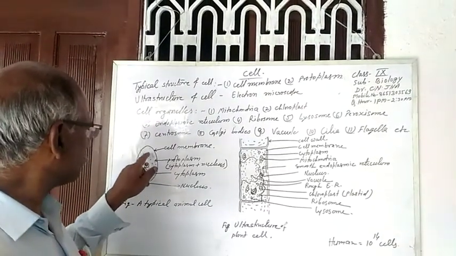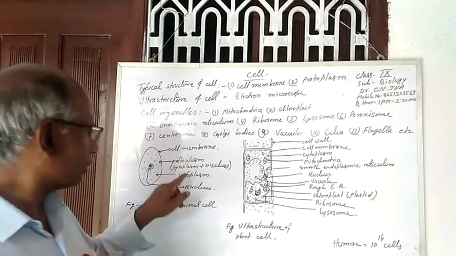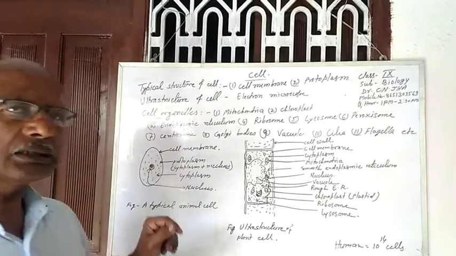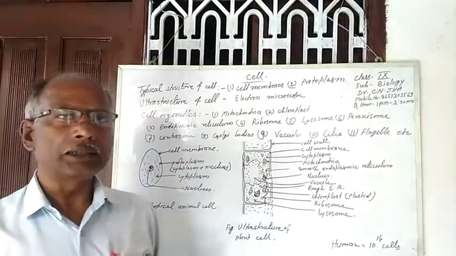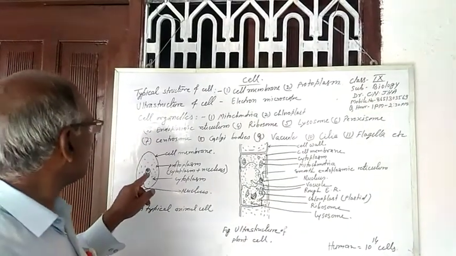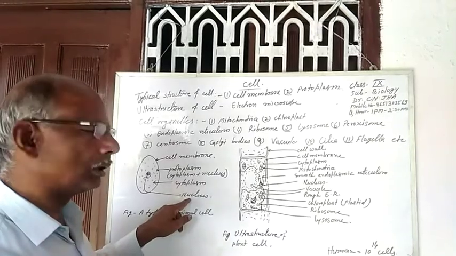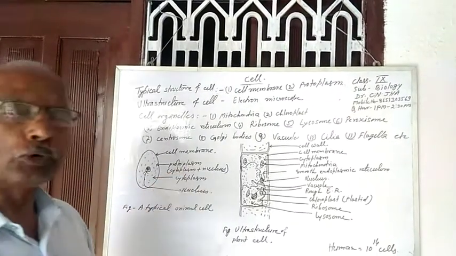First, the liquid type inclusions known as cytoplasm, and the dense part present in the center is known as nucleus. So nucleus and the cytoplasm are combinedly known as protoplasm.